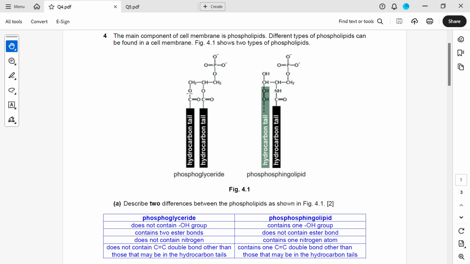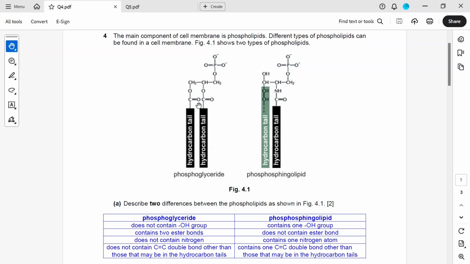So these 3 O's belong to glycerol. These 2 hydrocarbon tails with this C double bond O carbonyl group, this carbonyl group is the remnant of the carboxylic acid group, C double bond O, OH. The OH is lost in the formation of the ester bond.